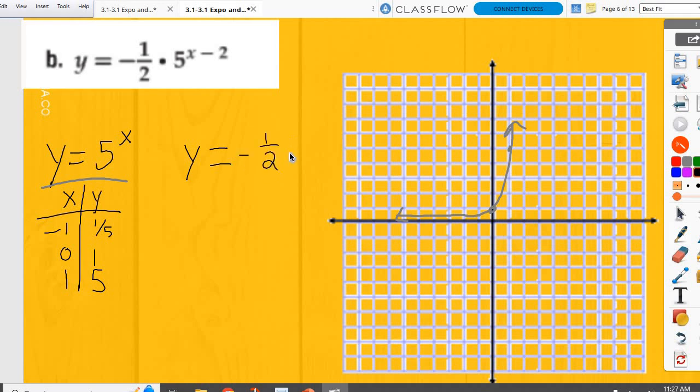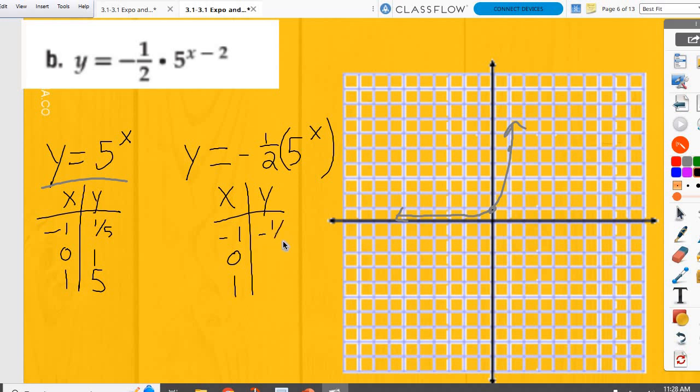Which values does that 1/2 change? Does it change the numbers that I am plugging into my x? No, it doesn't change the numbers that I plug into my x. However, it does change the numbers that I'm going to get out on my y values. Okay, so we are now going to multiply each of these outputs by a negative 1/2.